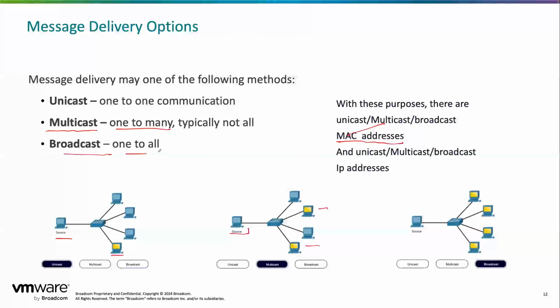This is a one-to-all communication style. If the sender sends out a broadcast, all of the other devices will receive this broadcast frame or packet. So there is also a MAC broadcast address and an IP broadcast address in terms of different layers.